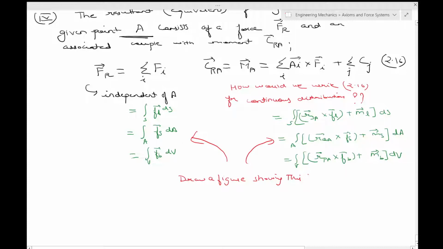So this statement which we have just made, let's summarize that using a figure. Let's try to write with black ink for the discrete part.